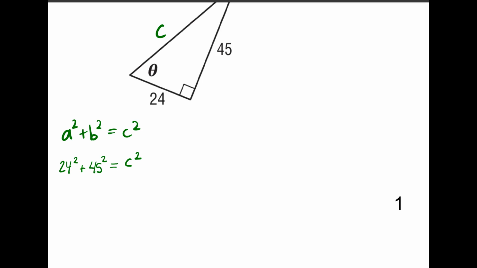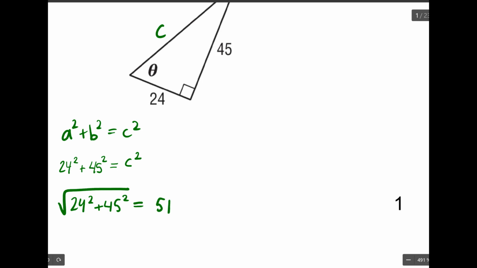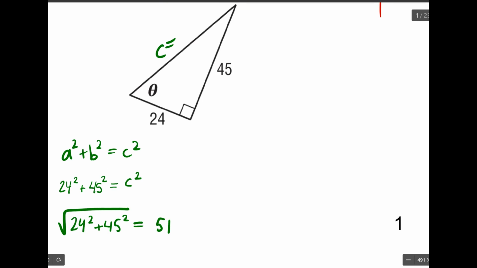Ooh, you guys have a calculator? Yeah, it's 51. So the square root of 24 squared plus 45 squared, you could actually put that into your calculator and it'll tell you it's 51. Okay, so 51 is the hypotenuse length.